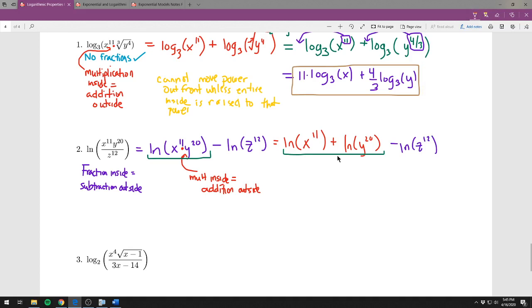Right, but once you do those first two steps, you take care of all the divisions, you take care of all the multiplications, which we have now. There is no multiplication or division inside. We move the powers out front, and then we are done.